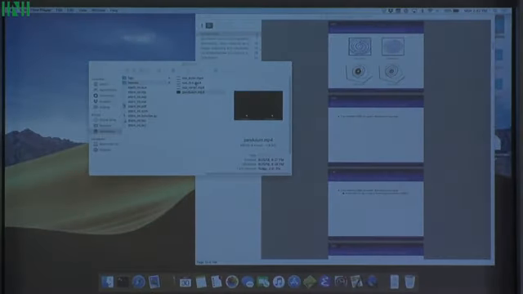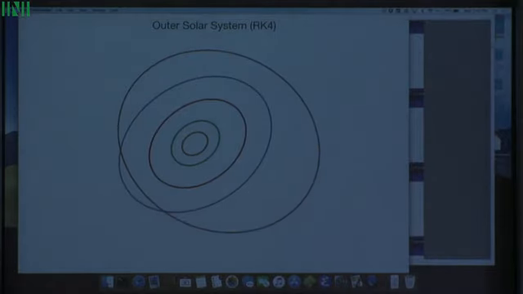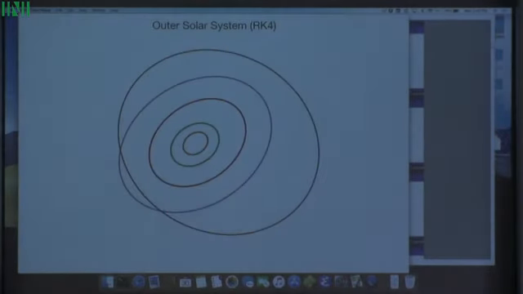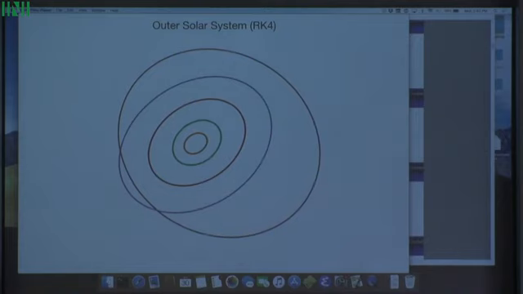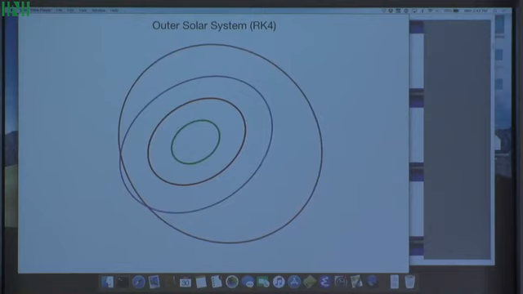And just to give another example, here's RK4 used to simulate the outer solar system. I think this was for something like 250,000 years with a long time step. And you see, I think at some point, what is that? I think that might be Jupiter gets ejected from the solar system.